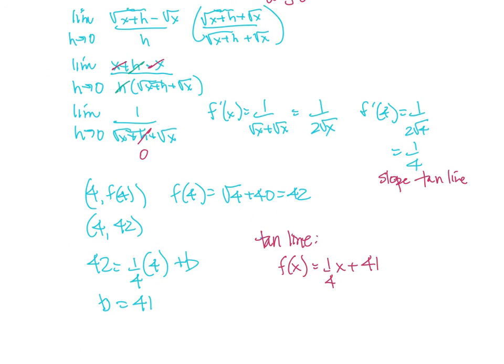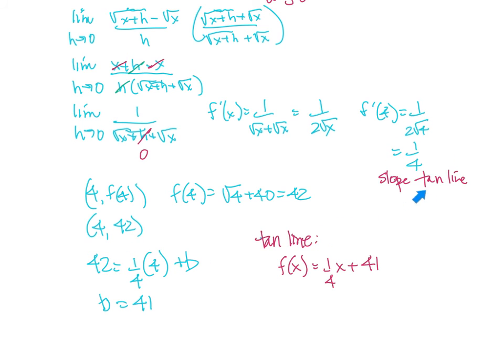So then to wrap it up, to write the equation of the tangent line, again, we're doing this at the x value of 4. We need to figure out that output. You're plugging this into the original function, and we get the point (4, 42). We're going to use this to find our b value.